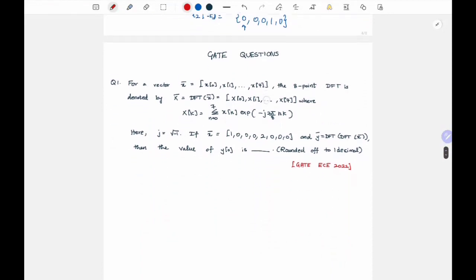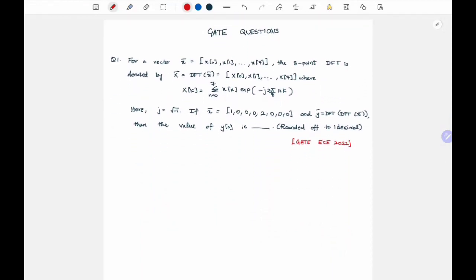Okay, now let us see some GATE questions. So the first question: for a vector x equal to x of 0, x of 1 up to x of 7, the 8-point DFT is denoted by capital X bar, which is given as DFT of the small x, and which is given as capital X of 0 up to X of 7.